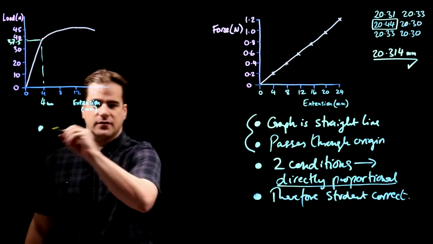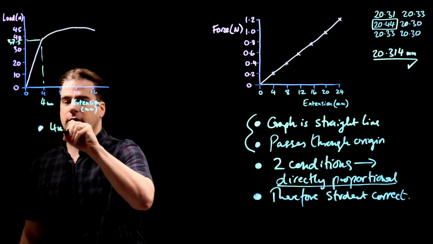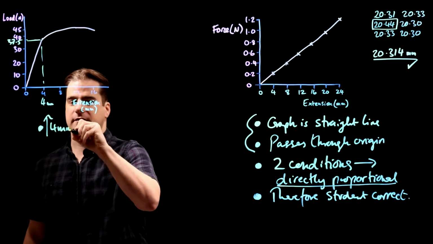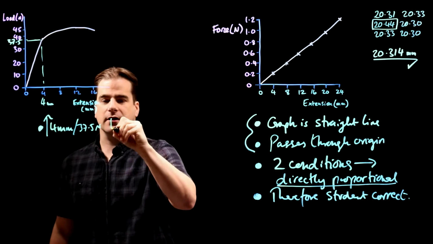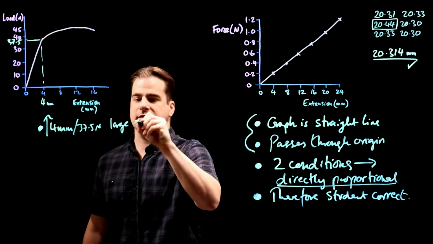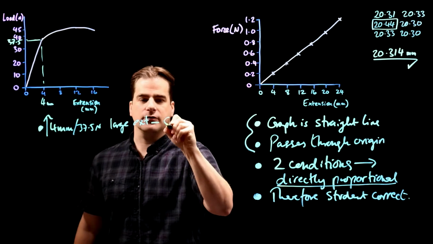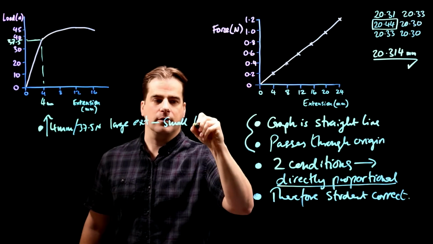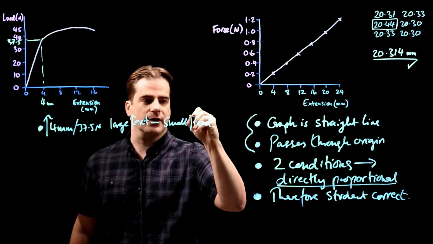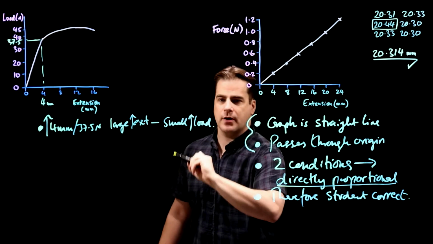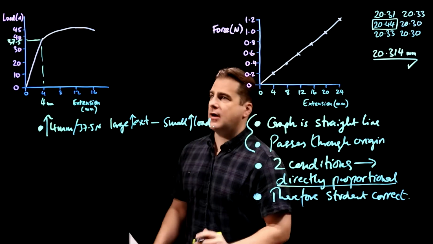Okay, so I'll just summarize that quickly. Above 4 millimeters or 37.5 newtons, you get large extension for small load. So large increases in extension for small increases in load. Okay? Right, good.